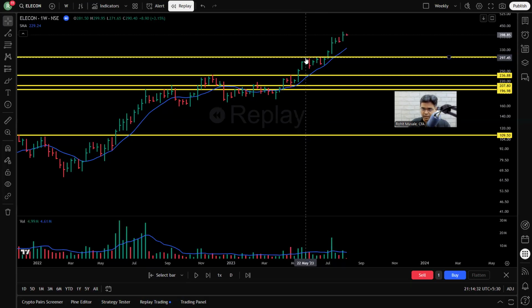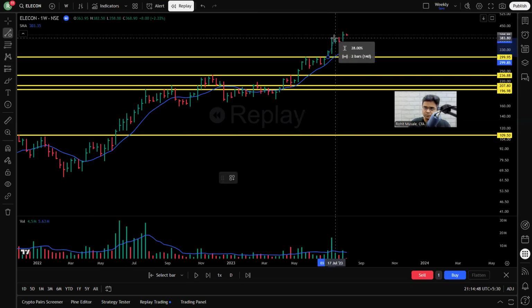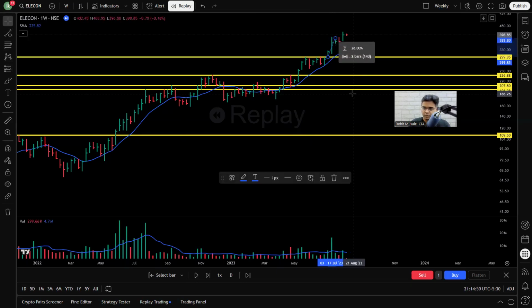So the high of this bar is the real pivot point. Correct? And look, after the breakout from base 3, within 2 weeks, including the breakout week, both on high volume, the stock shoots up 30%. 28 to 30%. Just 2 weeks.